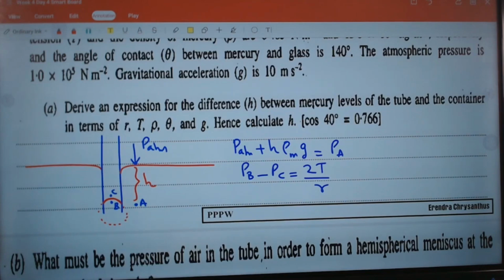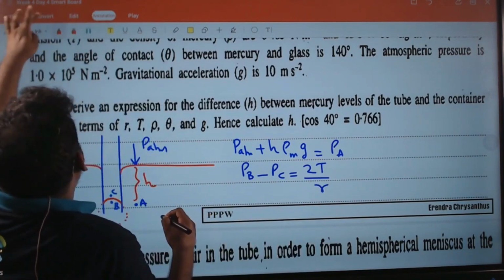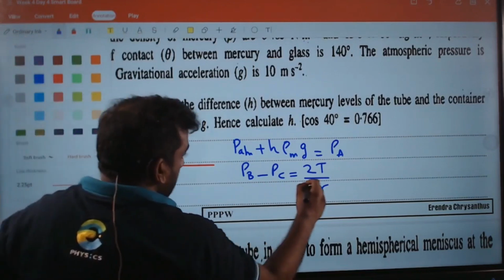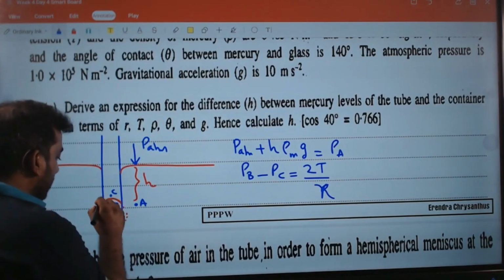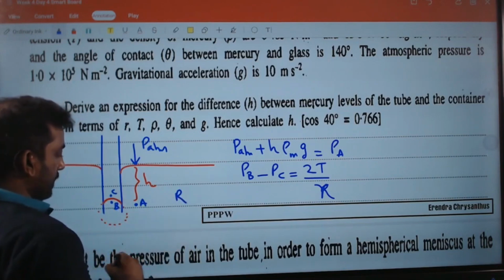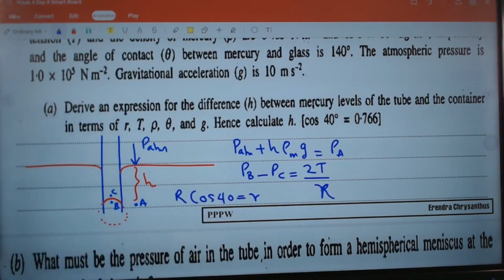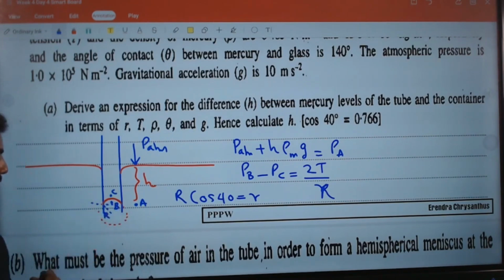In terms of the radius of the tube, look at this carefully. The radius of the bubble is capital R. R cos 40 is equal to small r. Here is the angle 40, here the radius of the tube.